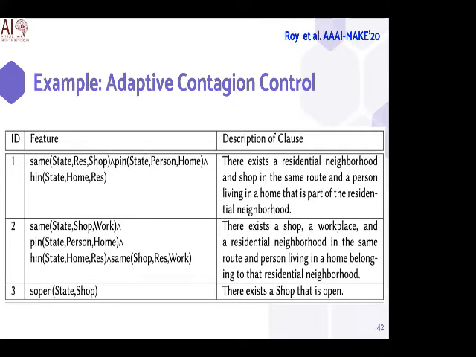This is an example of what the learned policy looks like. Here it says that in a particular state of the world, a residential area is in the same state as a shop. A person is in the same state as their home. And then the home and residential area are also in the same region.